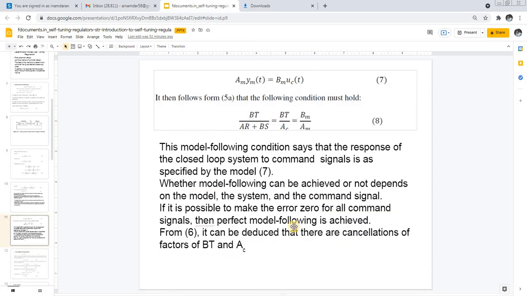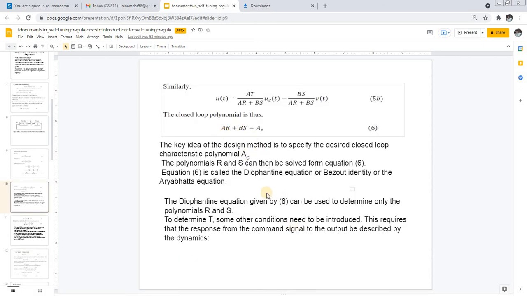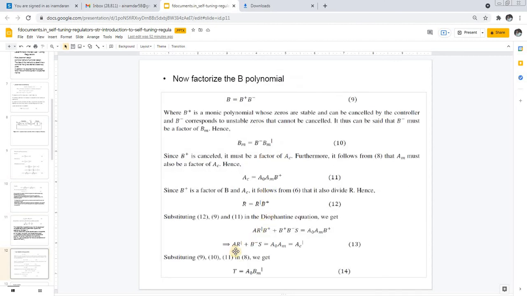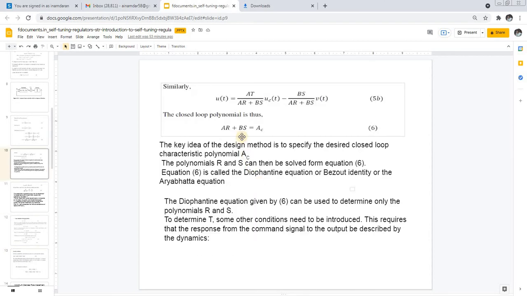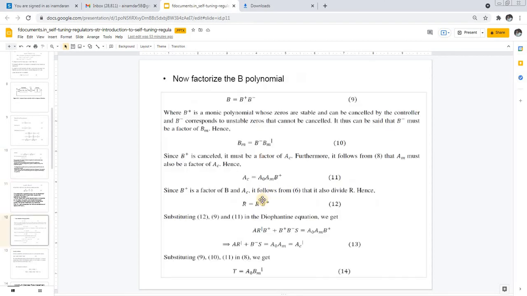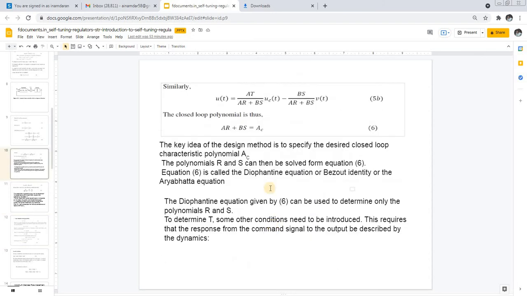Here we have substituted AC equals A naught AM B plus. Now for AR we have kept A as it is, and for R we have denoted R dash and B plus. Again the same for BS, we have kept B as it is, so B means B plus and B minus, and S is the remaining.